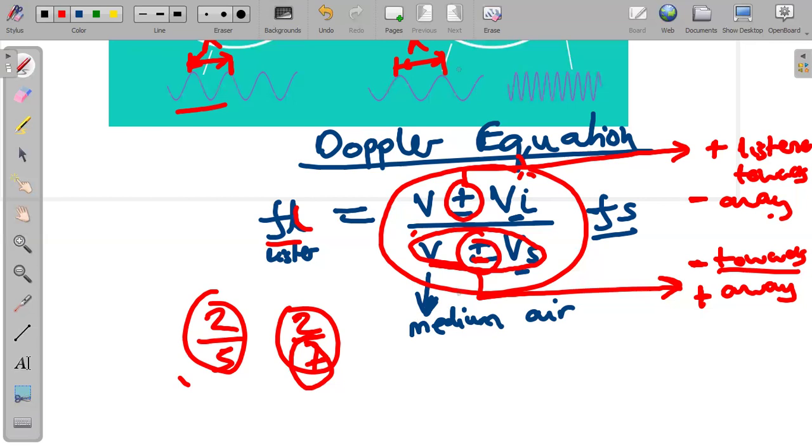Sound can travel in different mediums, but usually you'll be given the velocity of sound in air as such and such. You'll be given the value, or perhaps you may be asked to calculate it. So this is our equation.